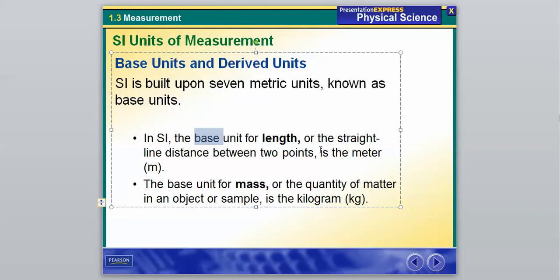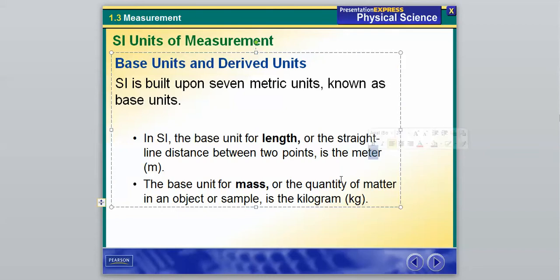We define length as the straight line distance between 2 points, just the distance from point A to point B in the straightest line possible. So in SI units, our base unit for length is the meter.